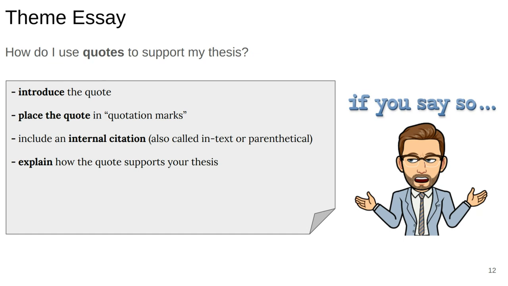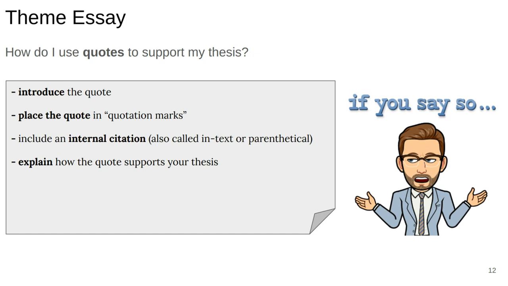One is in text after we use a quotation, and the other is at the very end in a works cited page. And those two components work together. The internal citation is really just a marker to say, hey, if you want to know where this quote came from, look for this author in my works cited page, and it'll tell you where the quote came from.